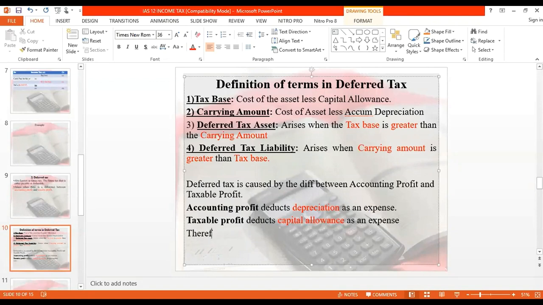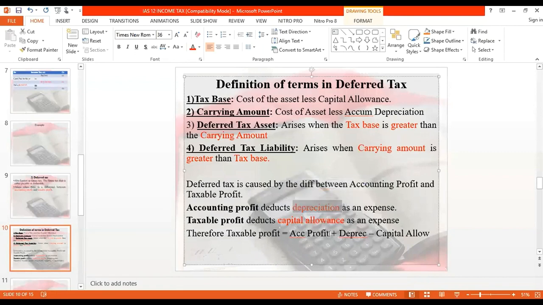Therefore, taxable profit is equal to accounting profit plus depreciation minus capital allowance. Please take note of this. In other words, RRA doesn't recognize depreciation as an expense.